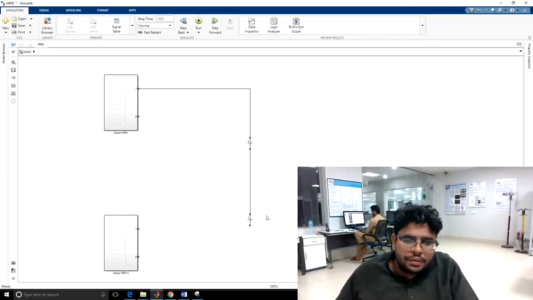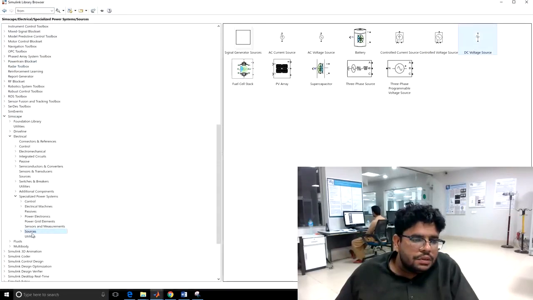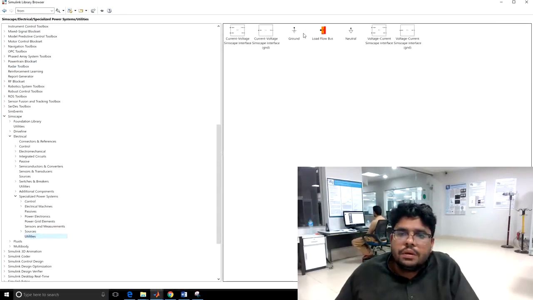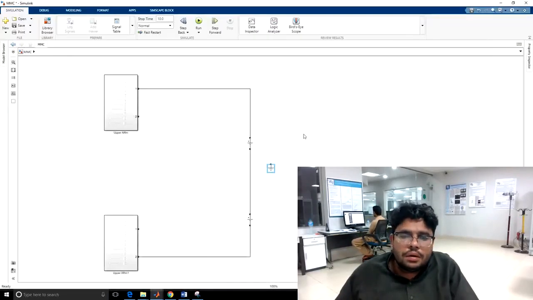Alright. We need a ground. So let us connect a ground over here. We need inductors, 2 inductors to be connected between upper and lower arm.